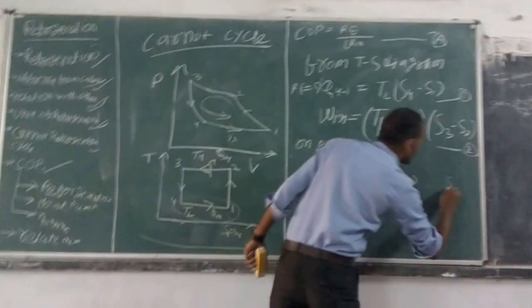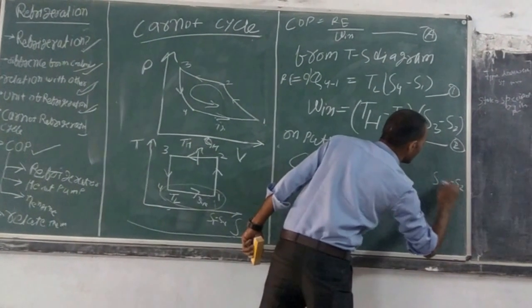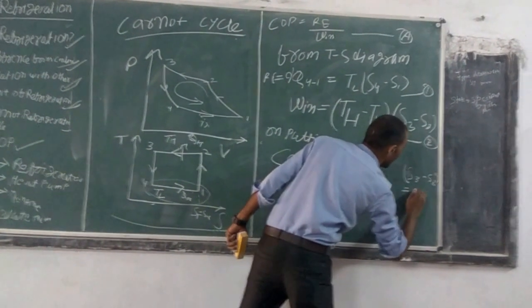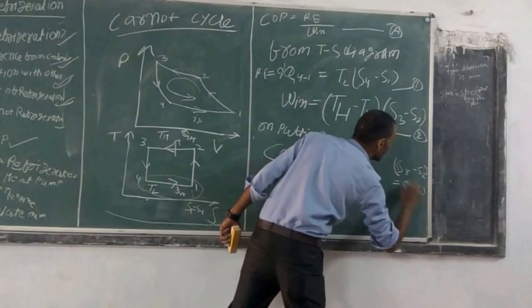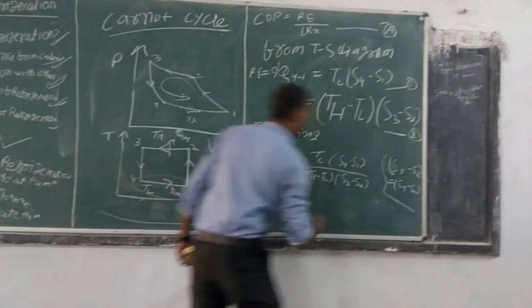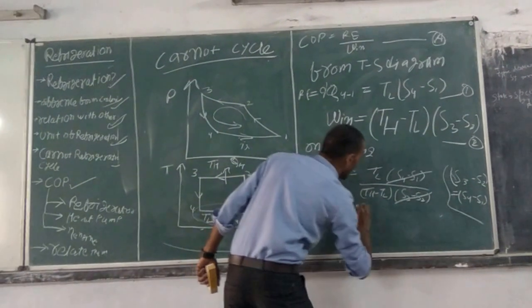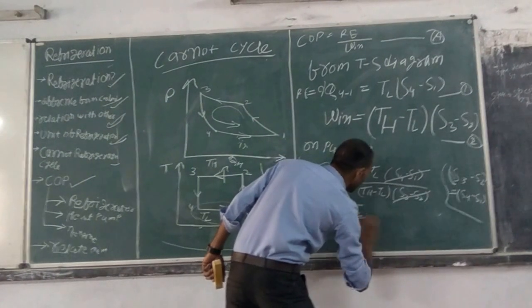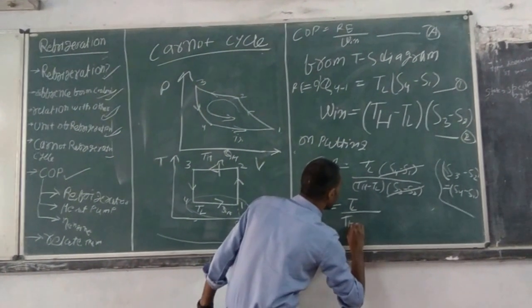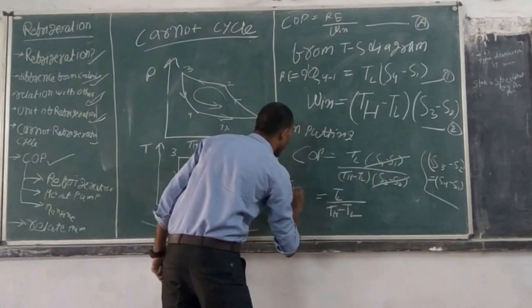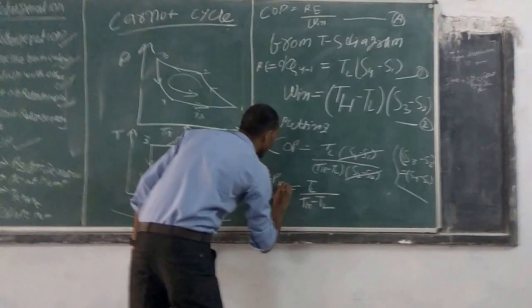Since S3 minus S2 is equal to S4 minus S1, they cancel, and here it comes TL upon TH minus TL. So this is the COP of a refrigerator.